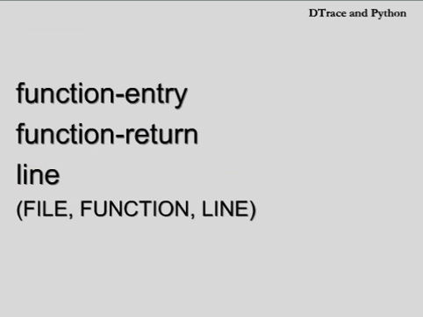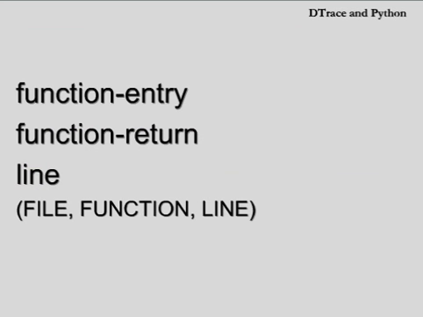You could say, I want to fire this probe, track the line number, and only execute the action if the line number is between 42 and 47. You could totally do that in a D script, and this would let you probe a very, very specific part of your code base without touching any of the other parts of it. So that's a really useful probe to have. But I will also admit that the most common ones that I use myself are function entry and function return, and I suspect that will be true for the vast majority of people. But we've already talked about this. So people ask, why do they have this line probe? That's why they have it.